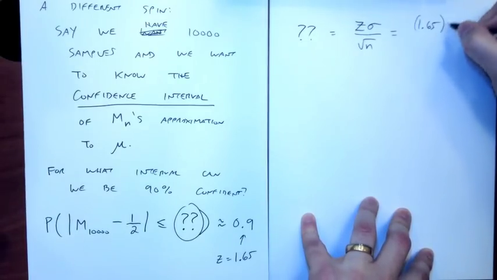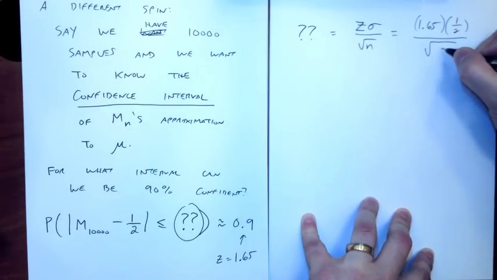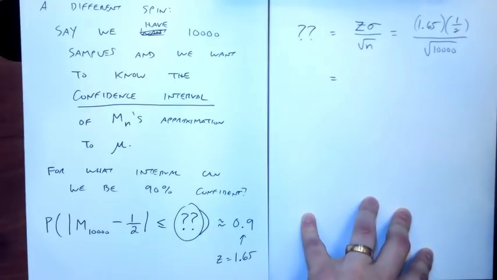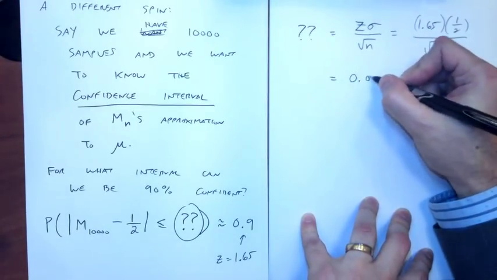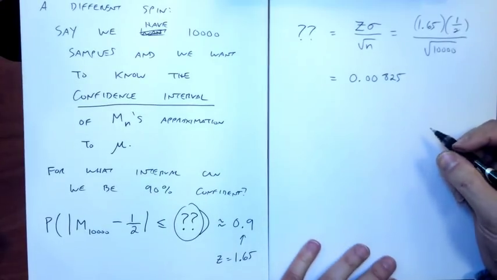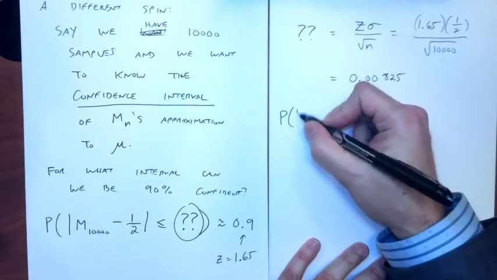The sigma is 1/2, and the n is 10,000. So this equals, as it turns out, 0.00825. So what that means is that we have this statement.